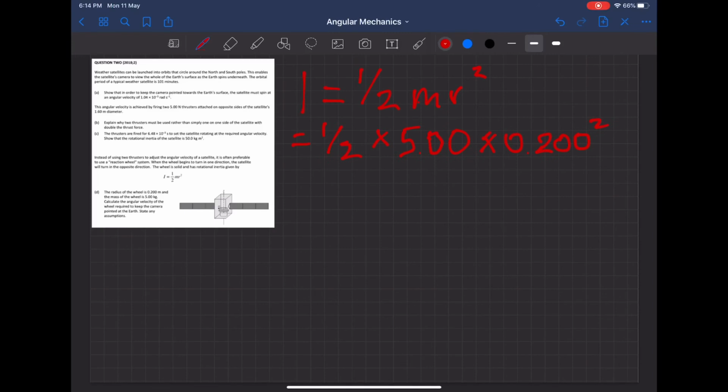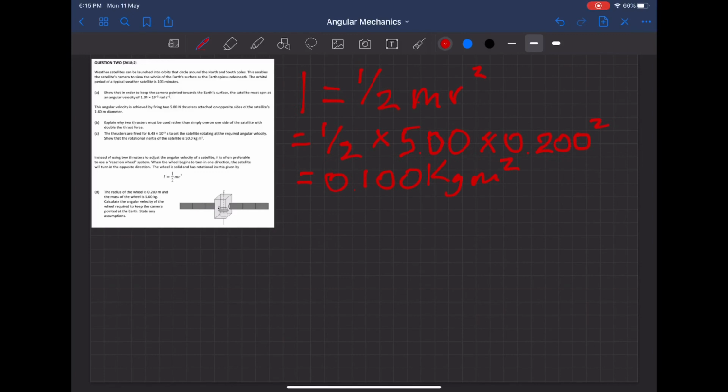Okay, and that will give us our rotational inertia, which is 0.100 kilograms meters squared.